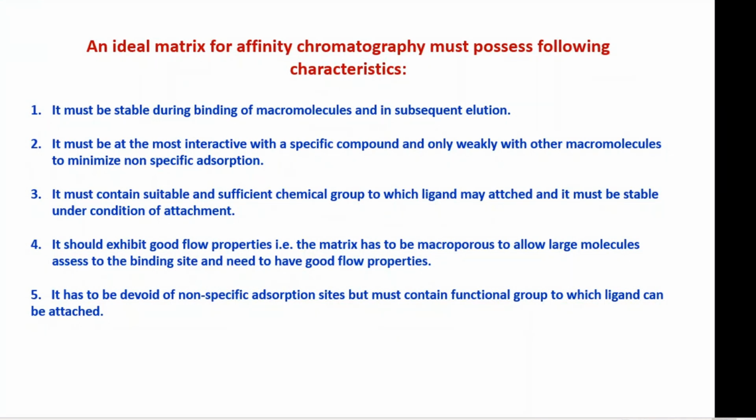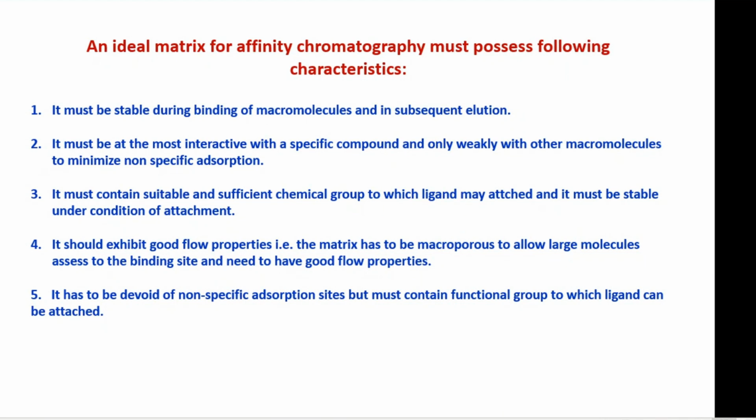So we have to be very sure that the stationary phase, or the matrix, which we are going to use should be stable during the binding of macromolecules. That means when it binds, it should not interact with the macromolecules.